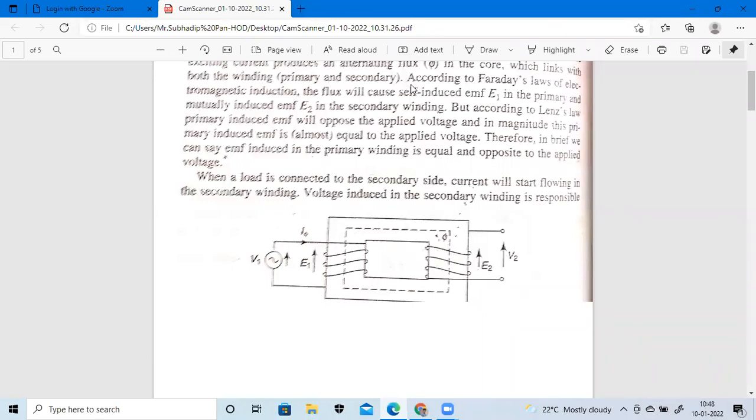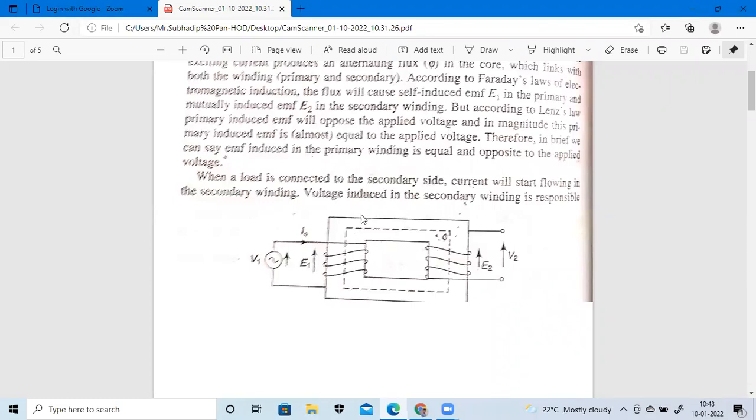Okay. So this is your secondary coil. And this one is the core of the transformer. So EMF is induced in the coil whenever you give an alternating supply to the single phase transformer. EMF is induced in the primary coil due to Faraday's law of electromagnetic induction. Some students mentioned this in the previous class.